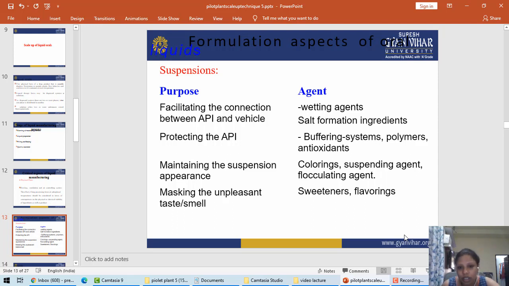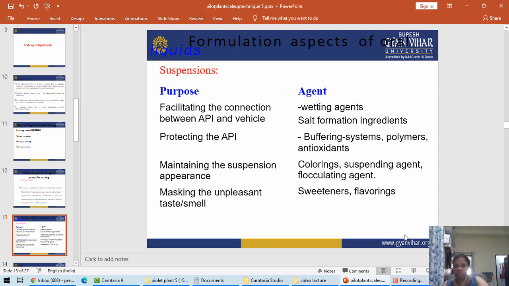For this, the coloring, suspending agents and flocculating agents are used.